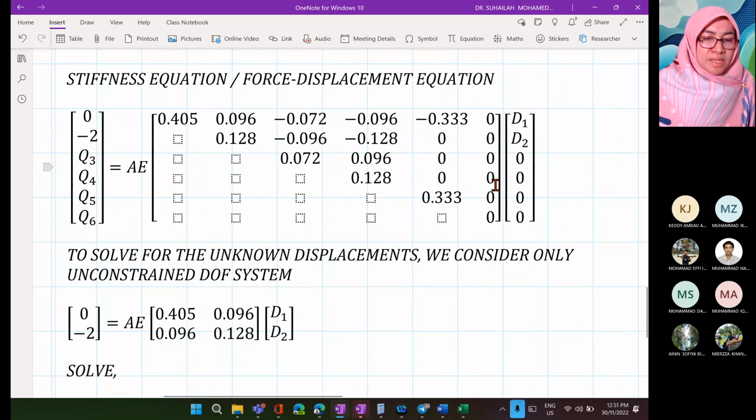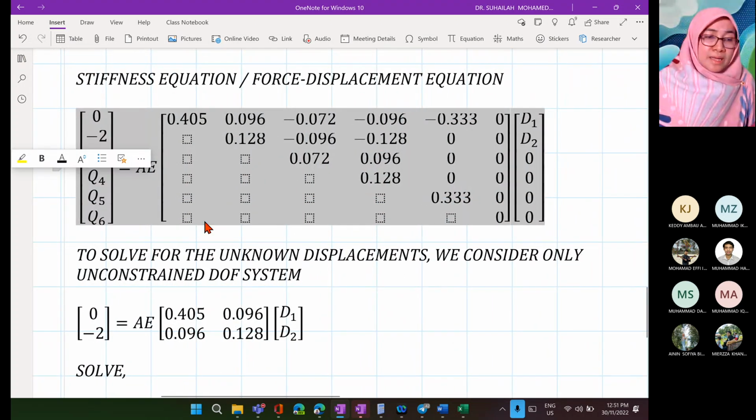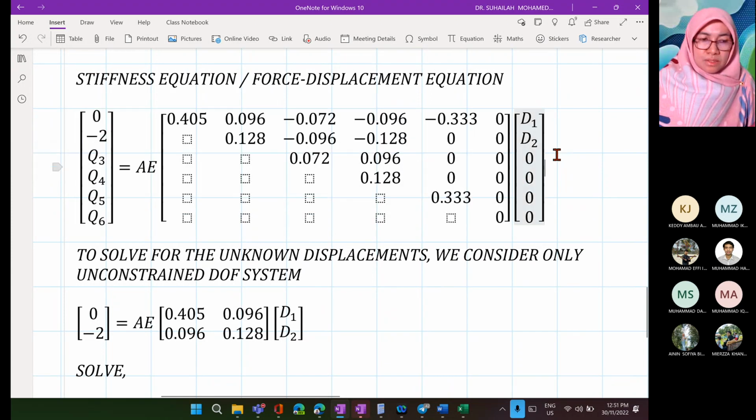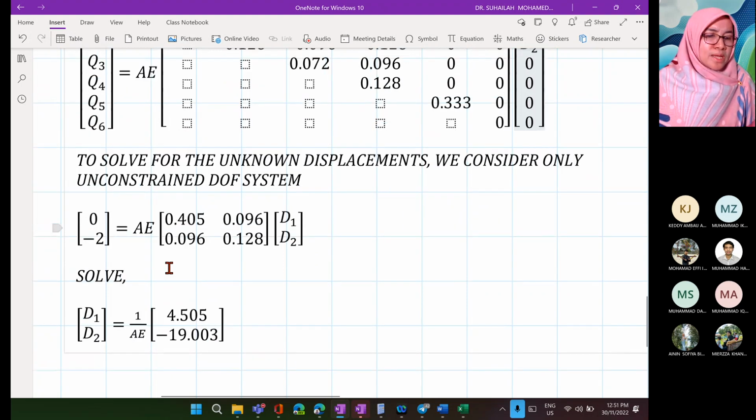Okay, we will use this equation to calculate Q3 until Q6. Use matrix multiplication to calculate Q3 until Q6. So what is Q3?